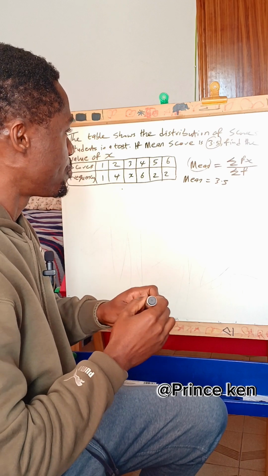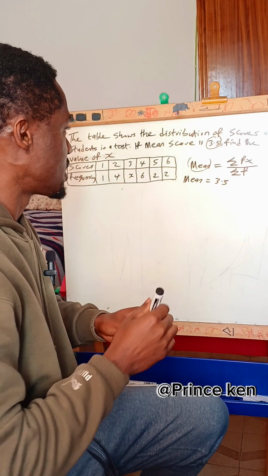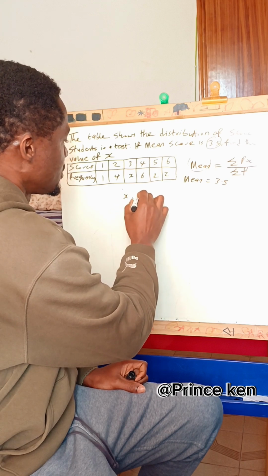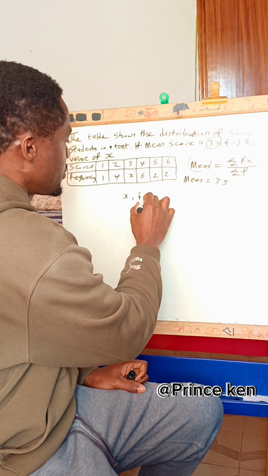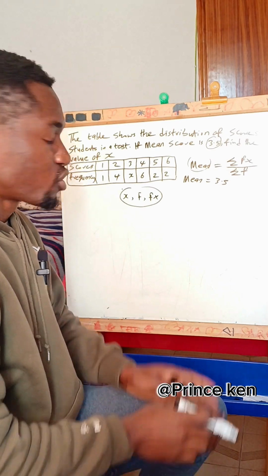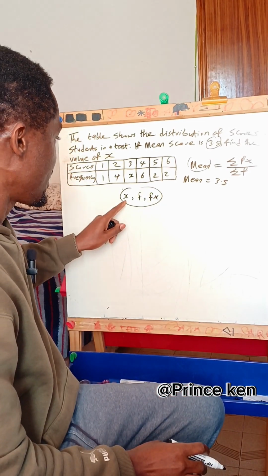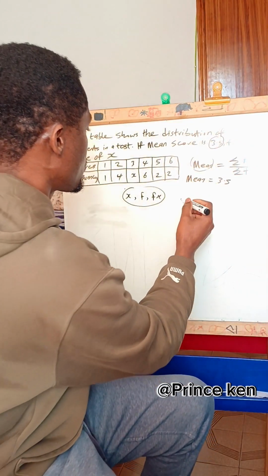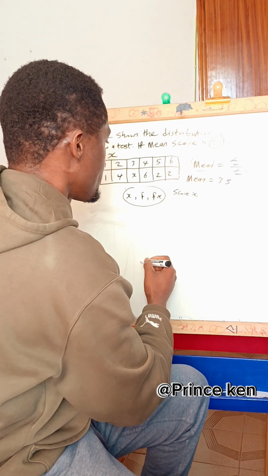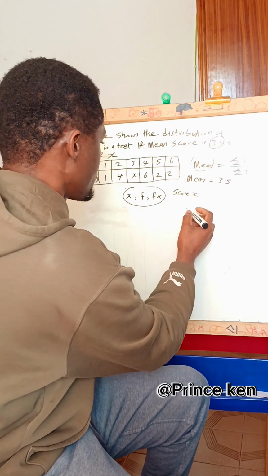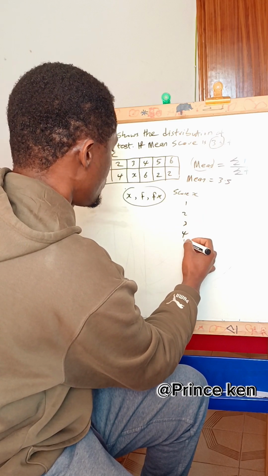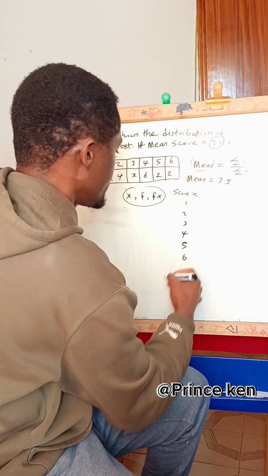So now you have to prepare a frequency table that shows your x, your F, and Fx. You have to prepare a frequency table that shows x, F, and Fx. We have score x here. Our score x is 1, 2, 3, 4, 5, 6.